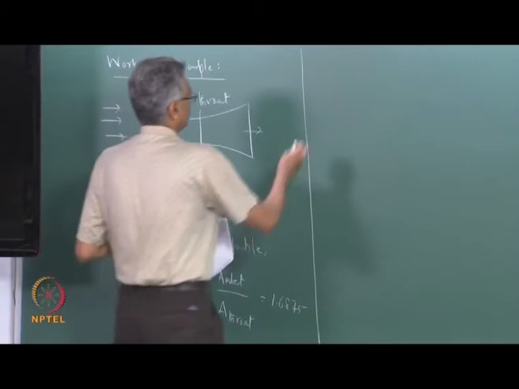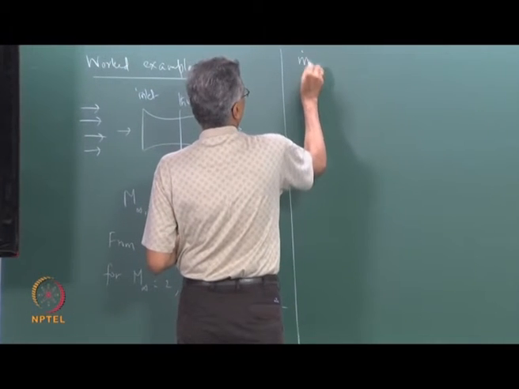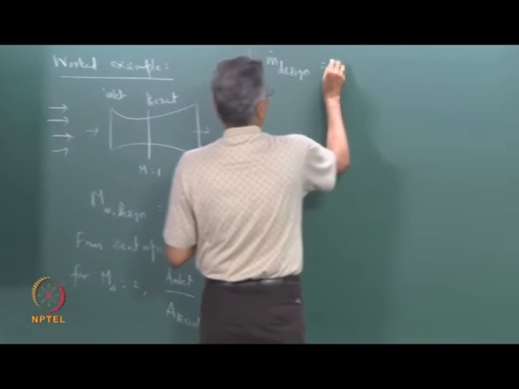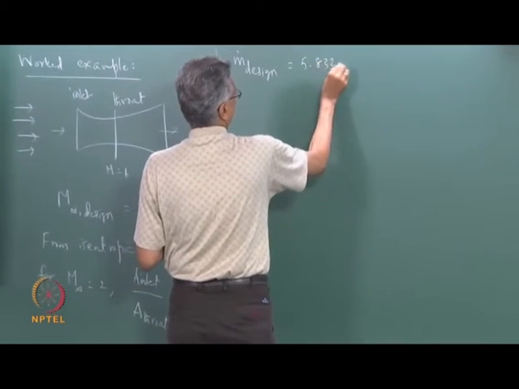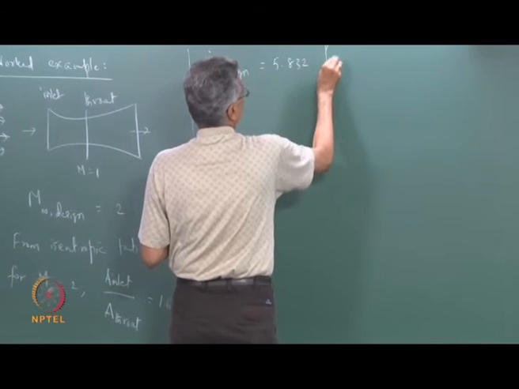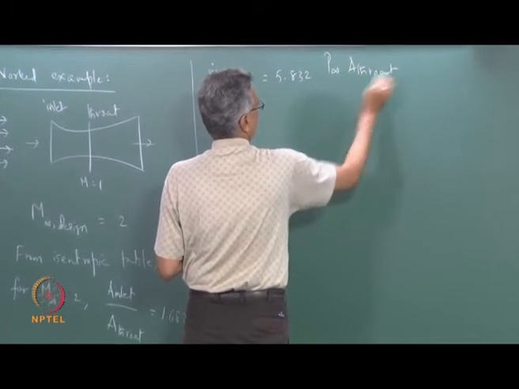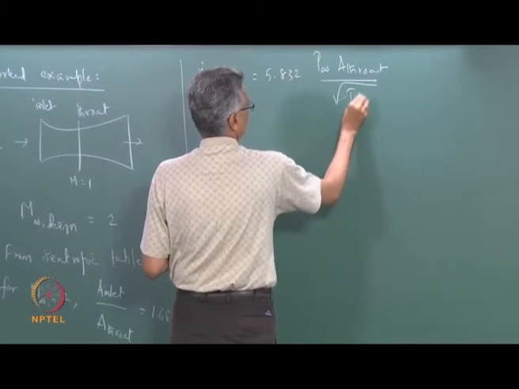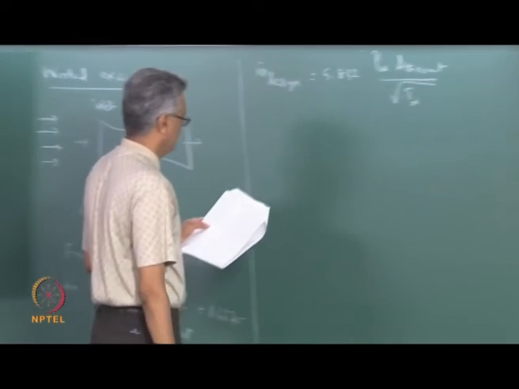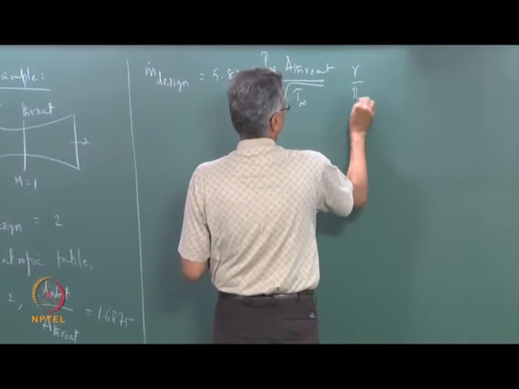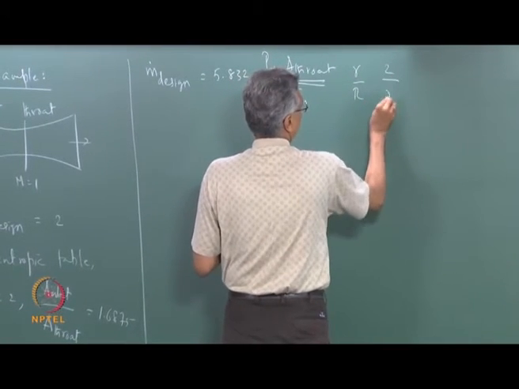And we also showed that the mass flow rate for design operating condition was 5.832 times P infinity, which is the free stream static pressure, times A throat divided by square root of T infinity, which is the free stream static temperature, multiplied by the following quantity.